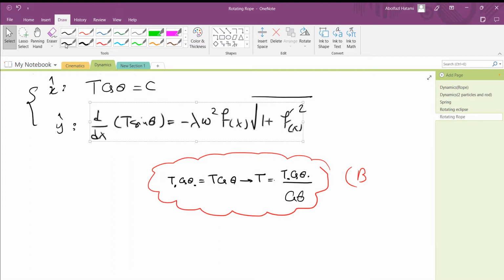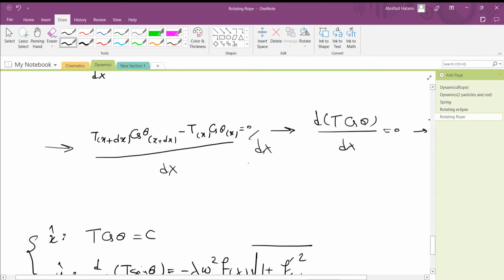So how can we use this second equation? Here we have t, and we have sine of theta, because sine of theta is related to tangent of theta, which is f prime of x. But here we don't have t. What should we do with this t?